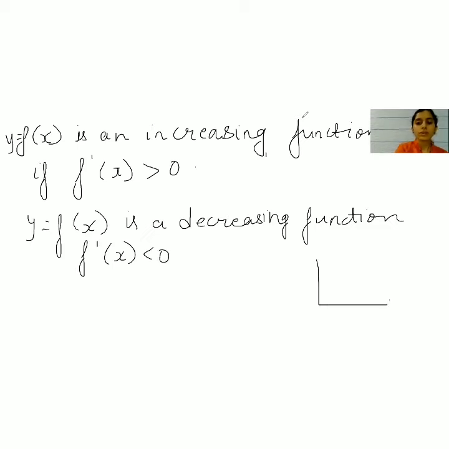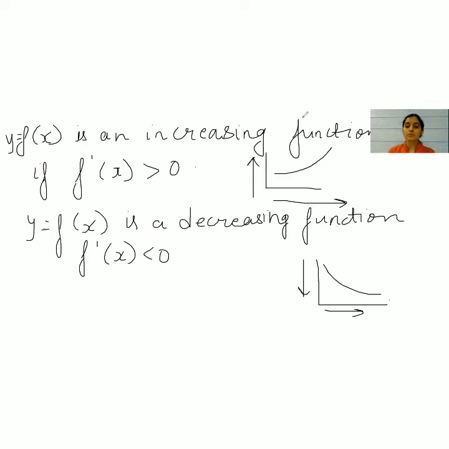If you notice, we had done the graphs also for the same. So f dash of x is greater than 0: this is the graph, and here this stands as the graph. So it's a monotonically increasing graph. As the values of x increase, the value of y increases. Here, as the value of x increases, the value of y goes on decreasing. That is, y equal to f of x decreases.